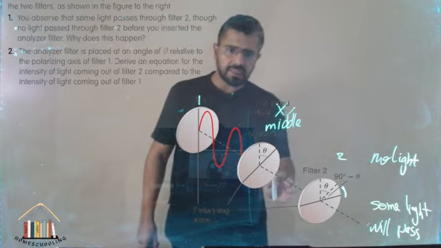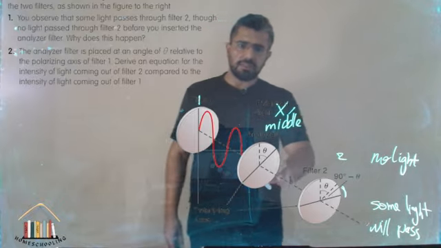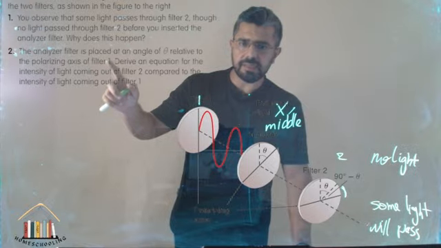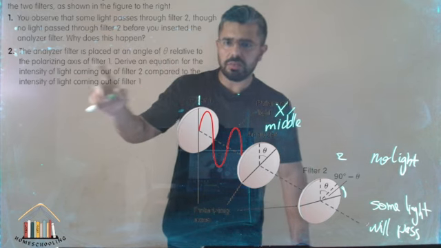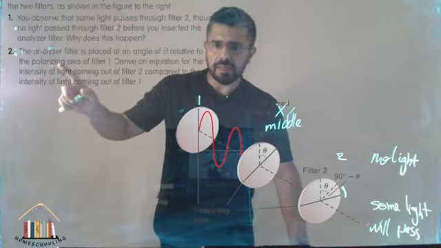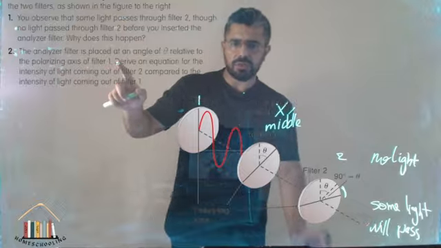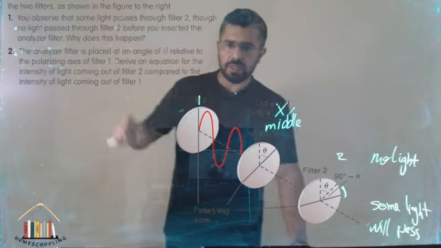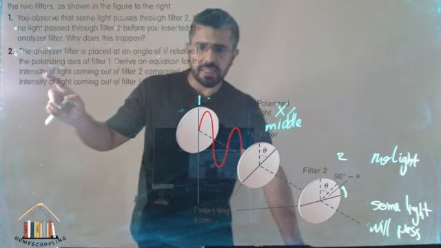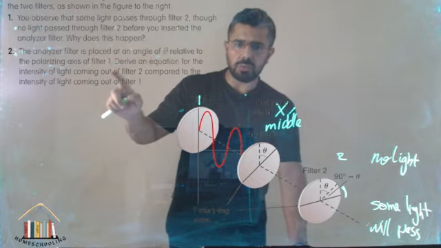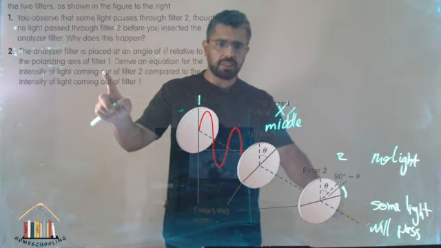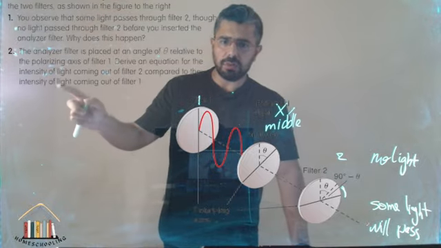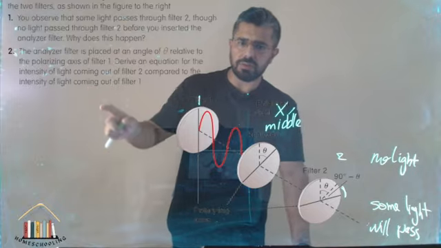When we insert the analyzer in the middle, they are not perpendicular anymore. The analyzer filter is placed at an angle theta relative to the polarizing axis of filter 1. So we insert a polarizer between 1 and 2, and derive an equation for the intensity of the light coming out of filter 2, a component of the intensity of the light coming out of filter 1.